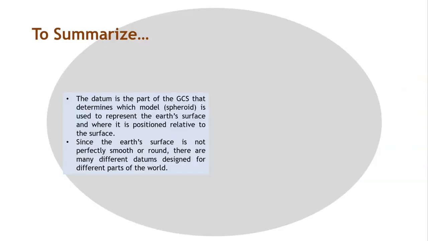So just to summarize before we wind up, the datum is a part of the GCS that determines which model is used to represent the Earth's surface and where it is positioned relative to the surface. Since the Earth's surface is not perfectly smooth or round, there are many different datums designed for different parts of the world.